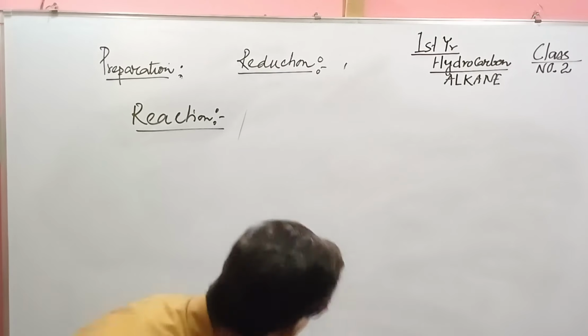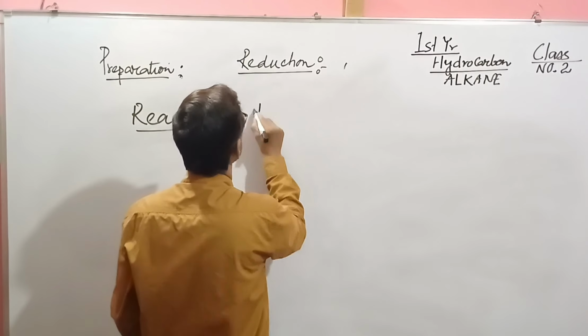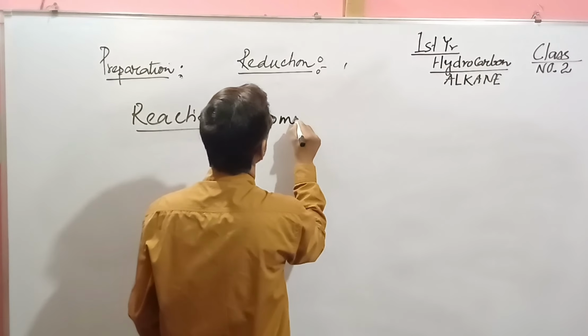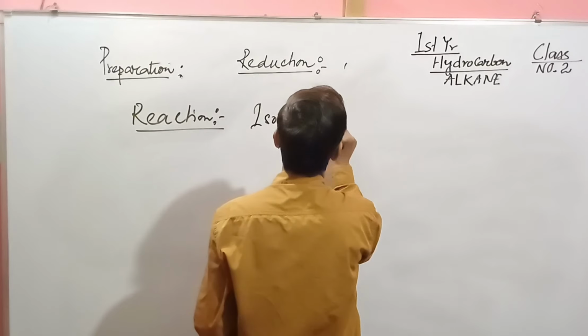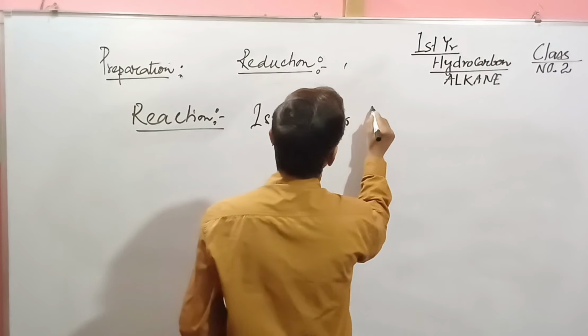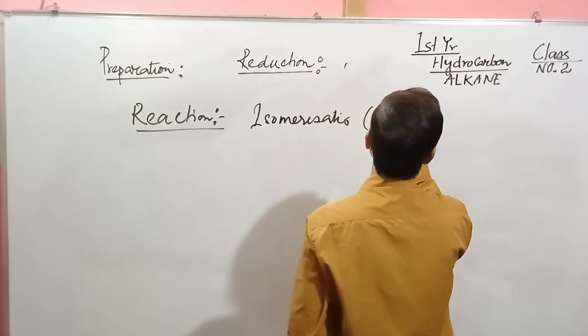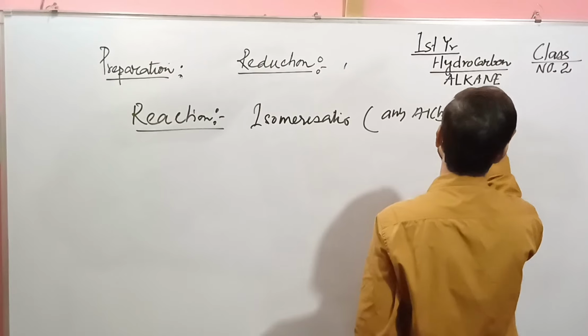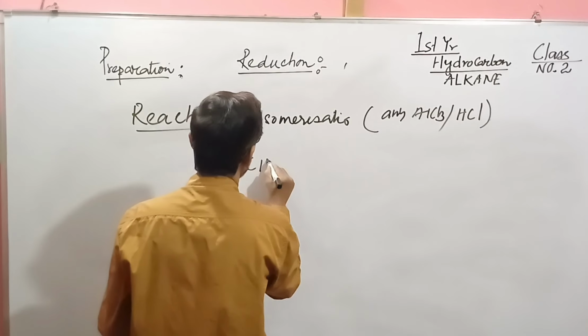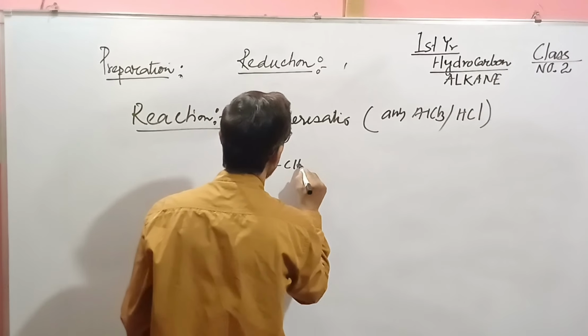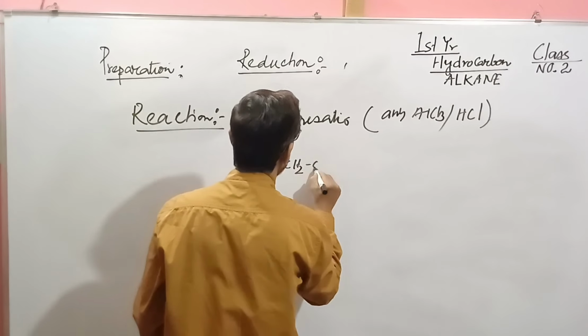Next reaction is isomerization. It generally occurs in the presence of anhydrous aluminum chloride and HCl. I am showing you one example: CH3, CH2, CH2, CH3. It is n-butane.